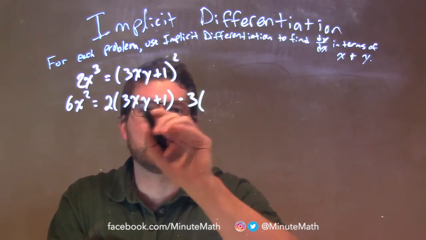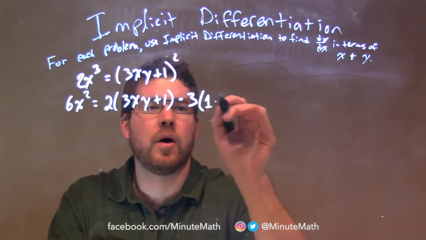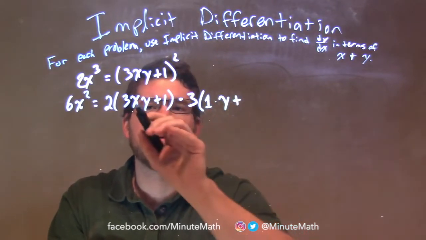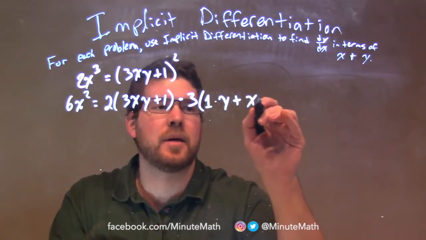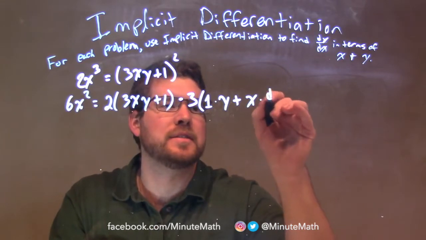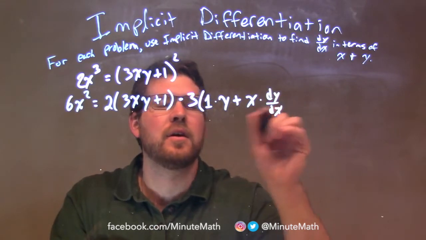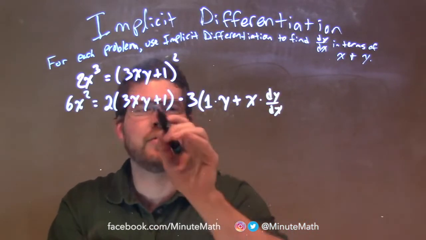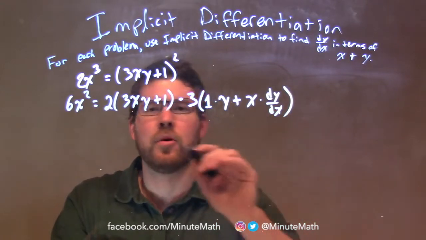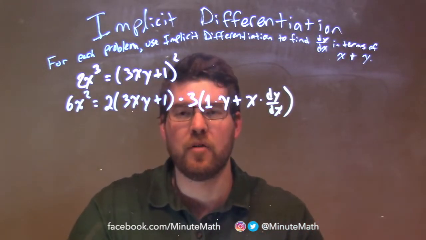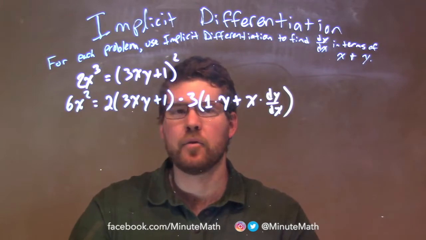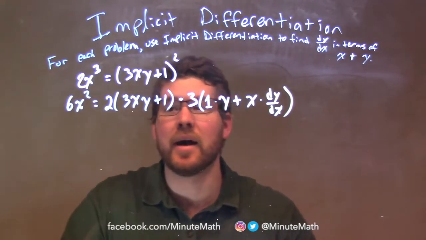Product rule: derivative of x is 1 times y, plus x times the derivative of y, which is dy dx. Don't really worry about that 1 in the inside, because the derivative of 1 is 0. So now we're taking the derivative, we just need to get our dy dx by itself.